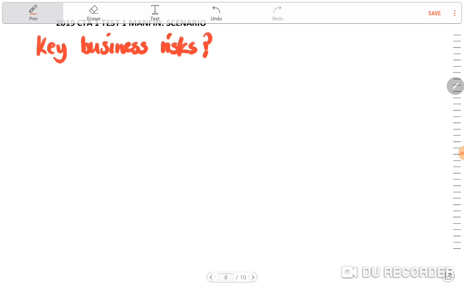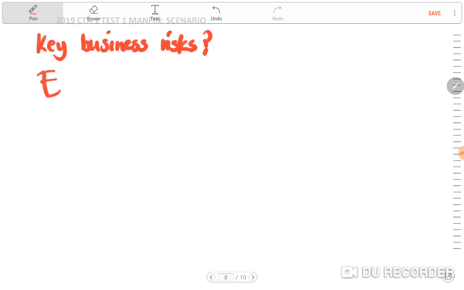So in identifying these key business risks, we needed to use specific tools for risk identification. So in line with this, what specific tool could we have used? So we could have used, as an example, for risk identification, going back to your enterprise risk management.